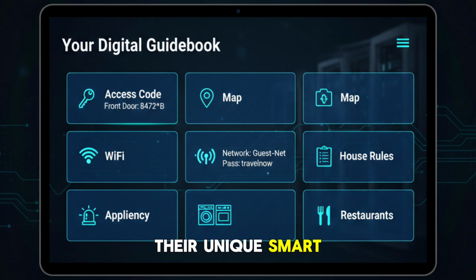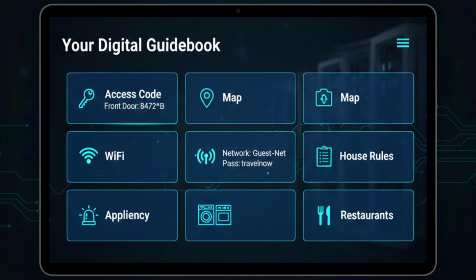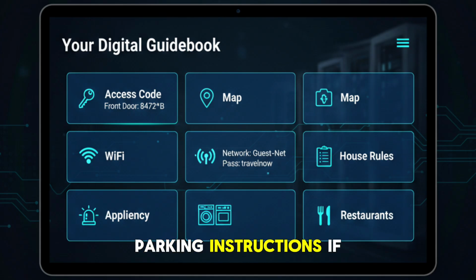Their unique smart lock access code, the property address with a map pin, step-by-step directions from the nearest landmarks or parking areas, Wi-Fi network name and password, house rule summary, how to operate the AC, washing machine, TV, coffee machine, whatever is in the property, emergency contact information, local restaurant and delivery recommendations, nearest grocery store, pharmacy, hospital, parking instructions if applicable.